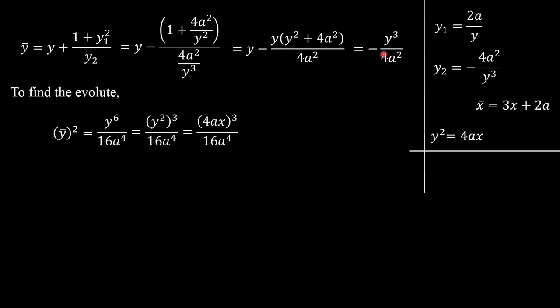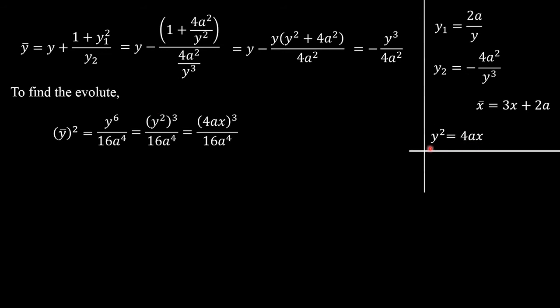What is the square of y bar? The square of y bar is y to the power 6 divided by 16a to the power 4. And y to the power 6, can I write it as y square to the power 3? I can. So it is y square to the power 3 divided by 16a to the power 4. What is your y square? y square is nothing but 4ax, the given curve.